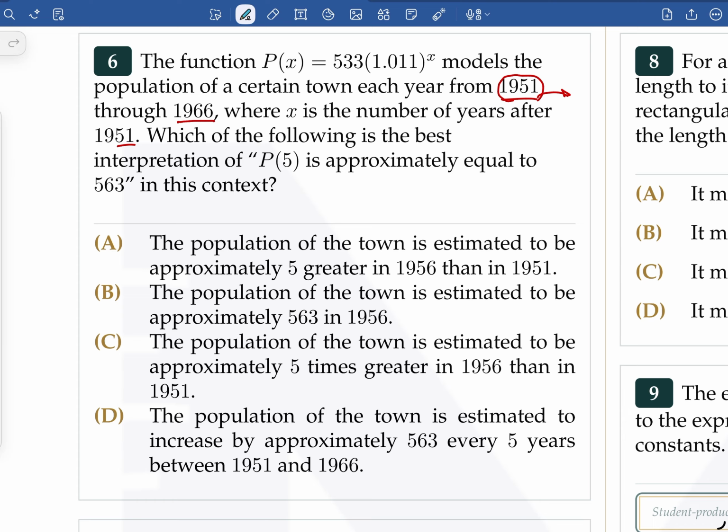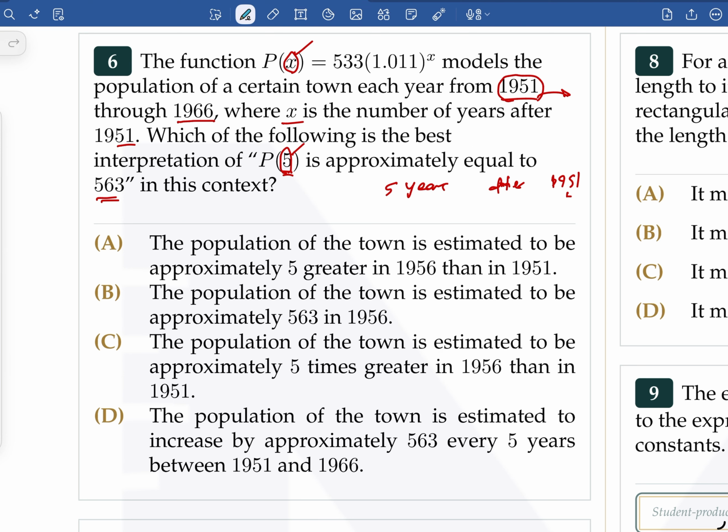Which of the following is the best interpretation of p of 5 is approximately equal to this number? p of 5 means we replace x by 5. So p of 5 is the same as p of x, and x is the number of years after 1951, which means 5 years after 1951. What is 5 years after 1951?